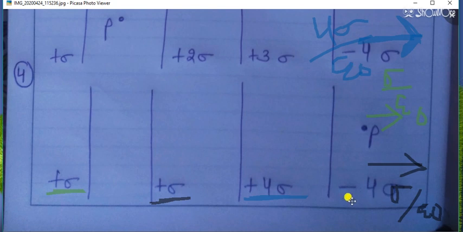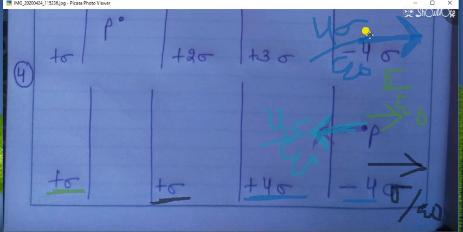Due to this negative charge sheet, the electric field will be in this direction at point P. I hope this direction is visible. If not visible, then I will change the color. Okay, so I am using another color for this one. This will be the direction of the electric field due to this -4, and its value is 4 sigma by epsilon naught.